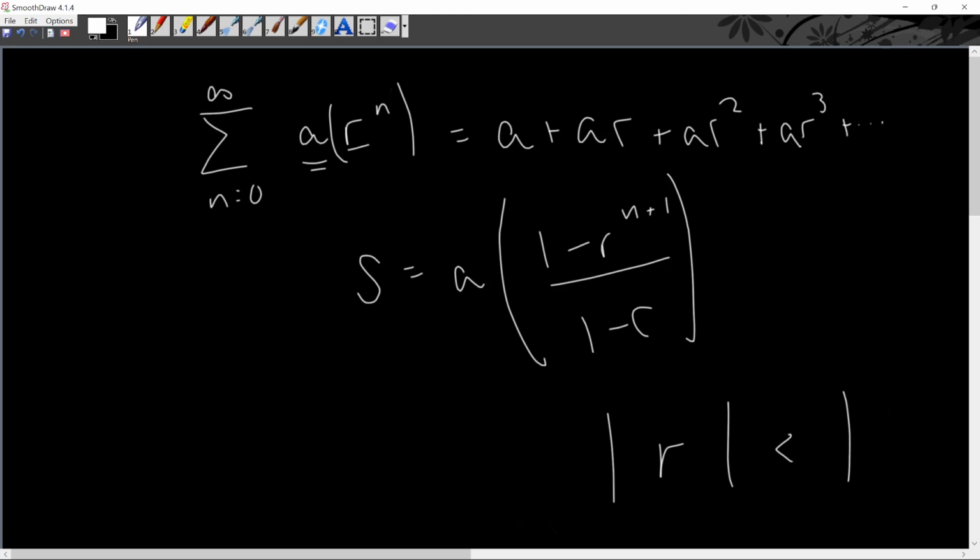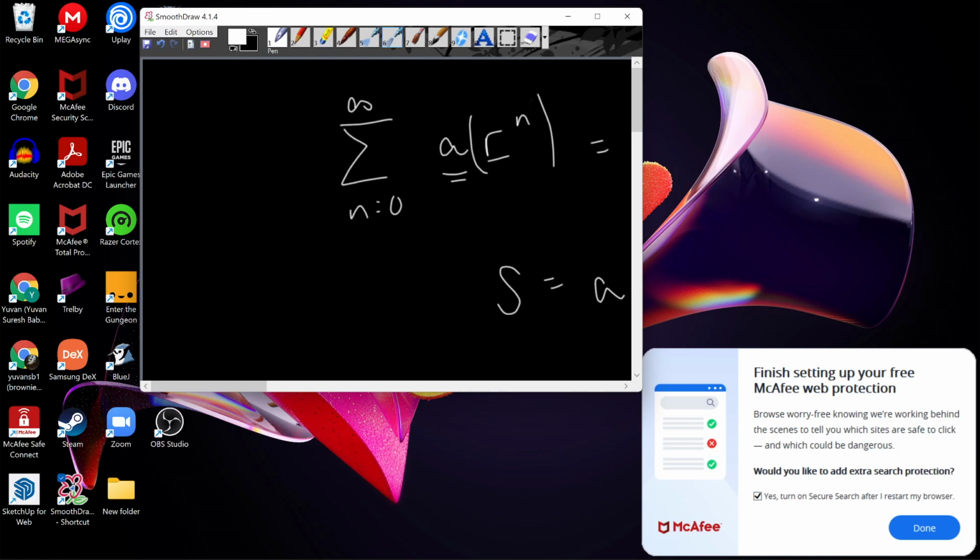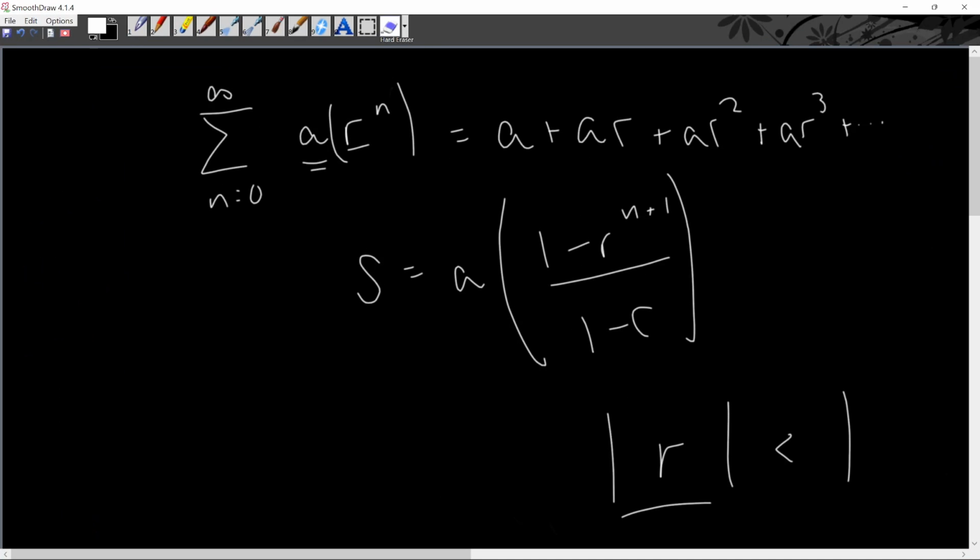And if we acknowledge that these series can only converge if the common ratio is a fraction whose absolute value is less than 1, then we can simplify this sum to be specific to series that we know converge. For this type of series, we can say this is actually a partial sum up to n plus 1. We can say that this works for partial sums up to n plus 1.